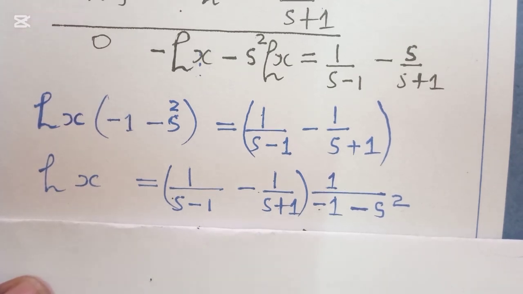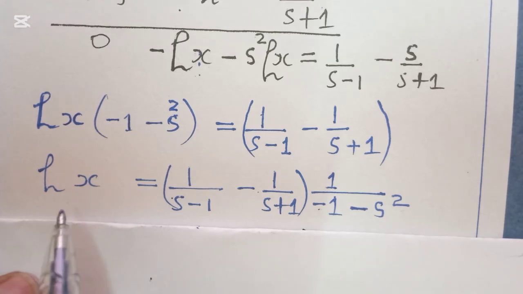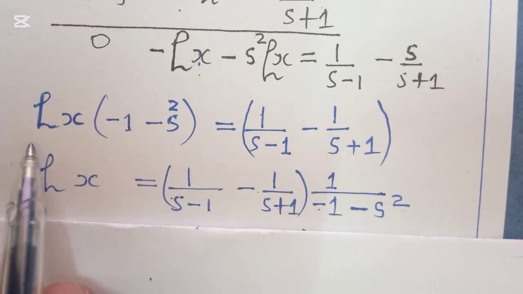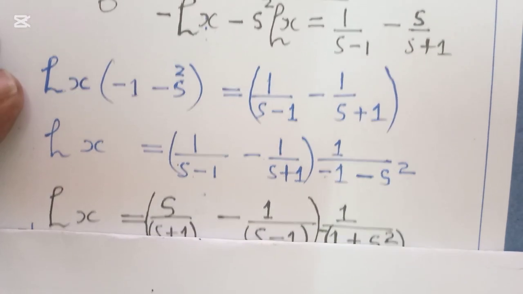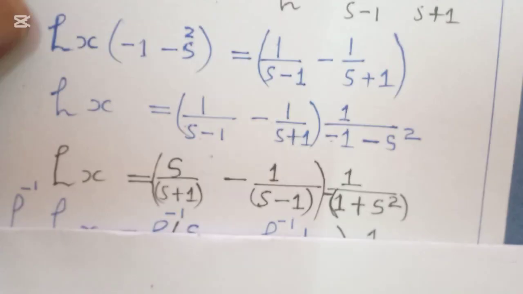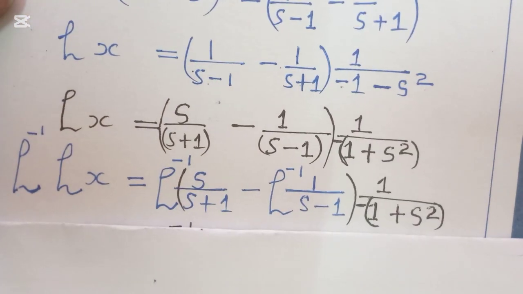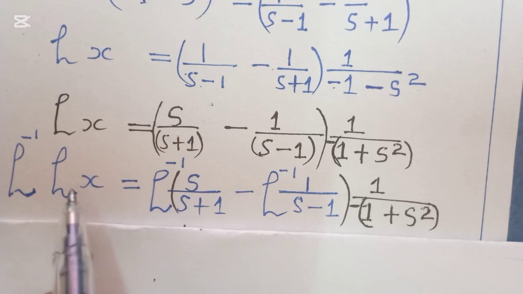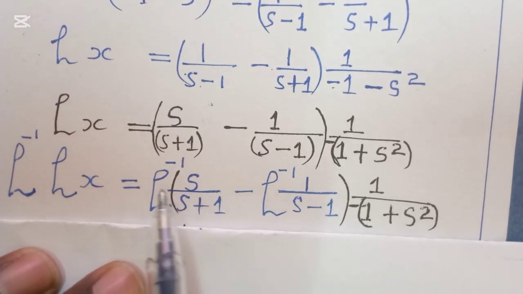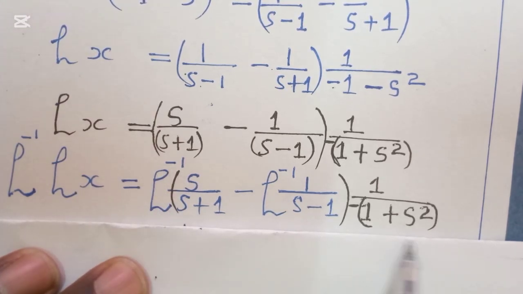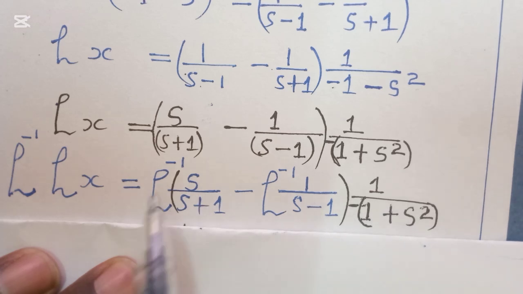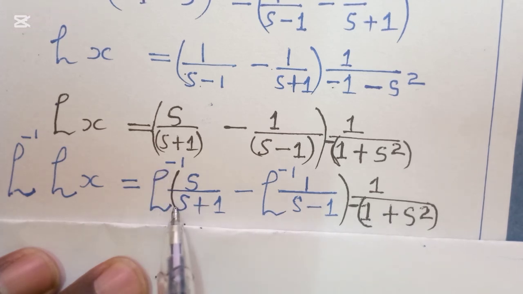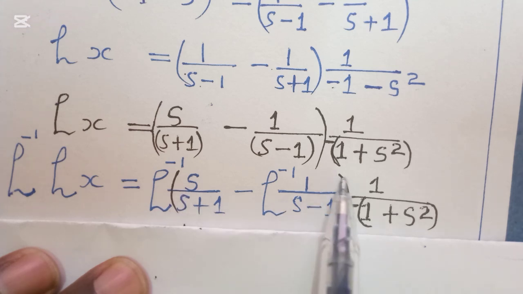For us to get x alone, we shall have to multiply by the inverse Laplace on this side and also this side. So when we do that, this now will be x alone, and then we multiply this to both of them, that is, before we find the Laplace transform of whatever is inside the bracket.